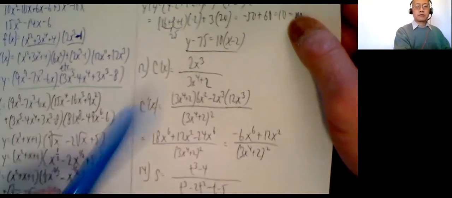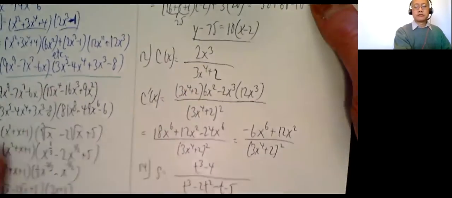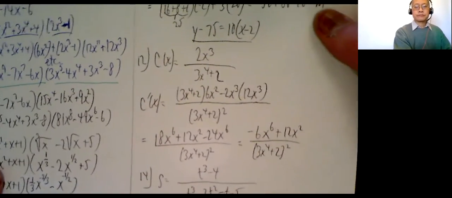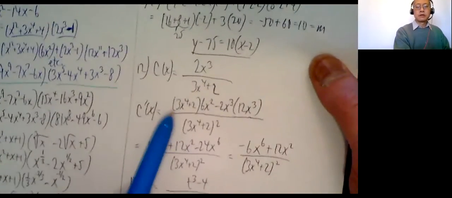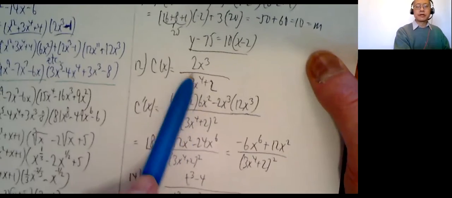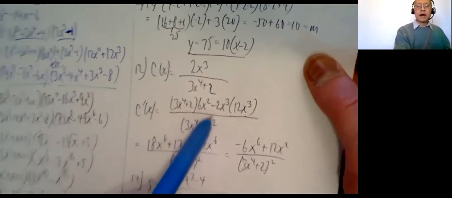All right, so number 12, c of x is 2x cubed divided by 3x to the fourth plus 2. All right, so the rule goes as follows. You take the bottom times the derivative of the top, 6x squared, minus the other way around.